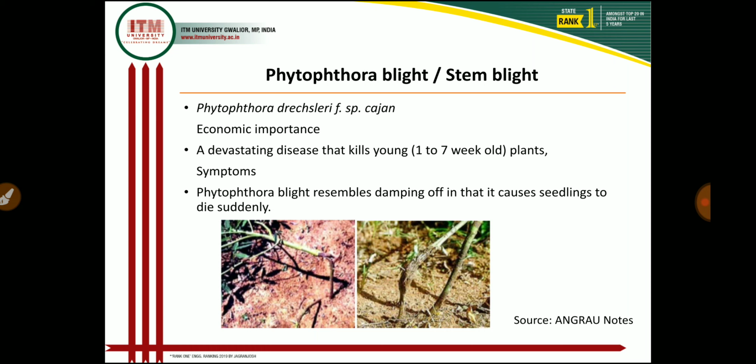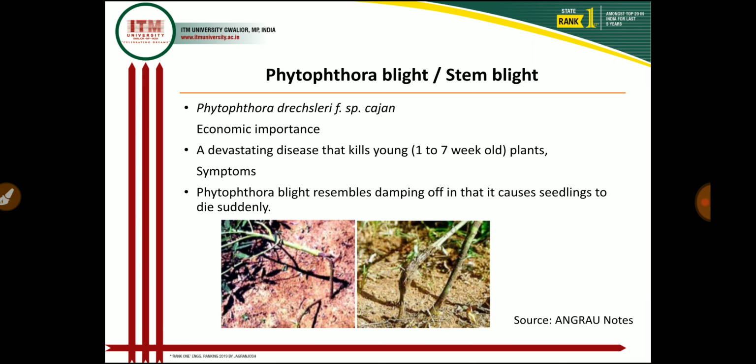Because of this browning or rotting, the stems are weakened and collapse, and that's why these seedlings die. In the second photograph, we also see stem lesions present on the stems, and because these stems are weakened, these plants die. And sometimes leaves also show yellowing and premature defoliation occurs due to this Phytophthora blight disease.